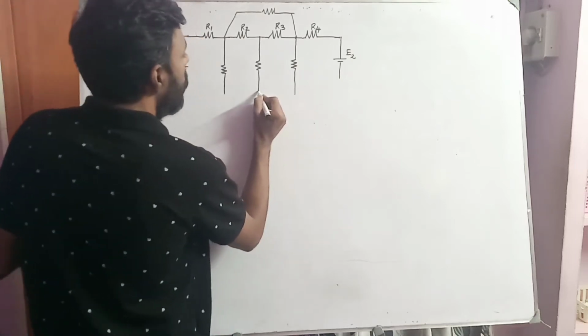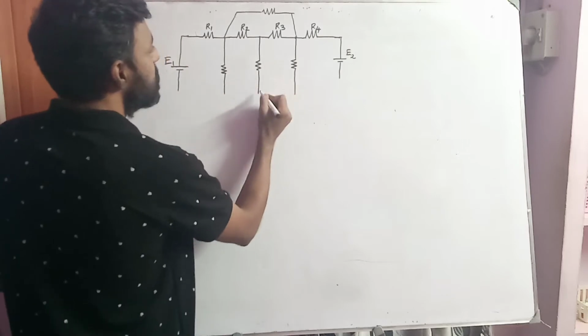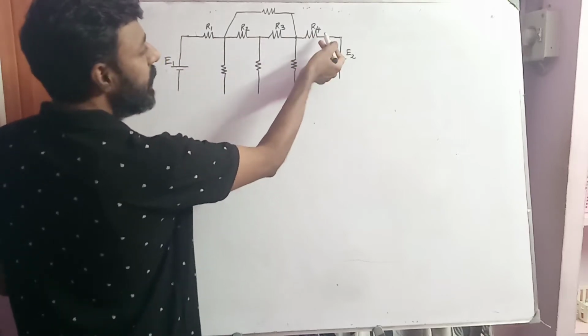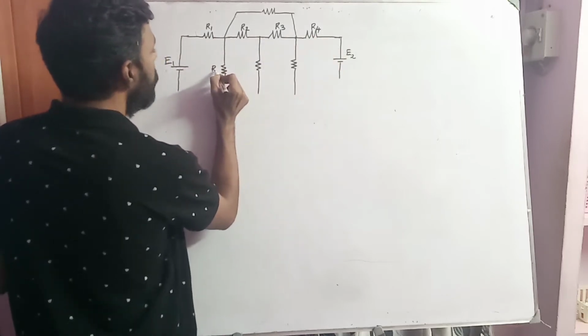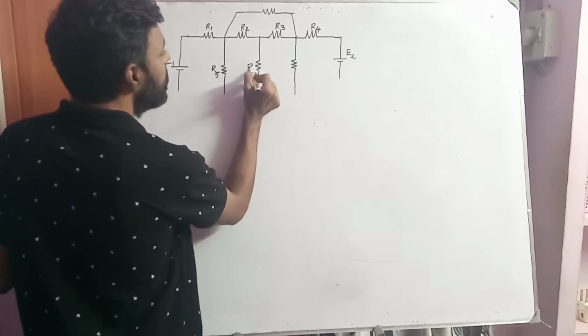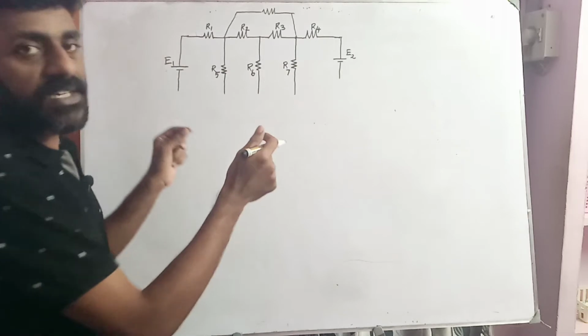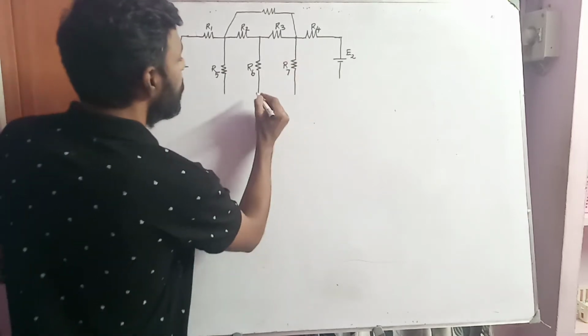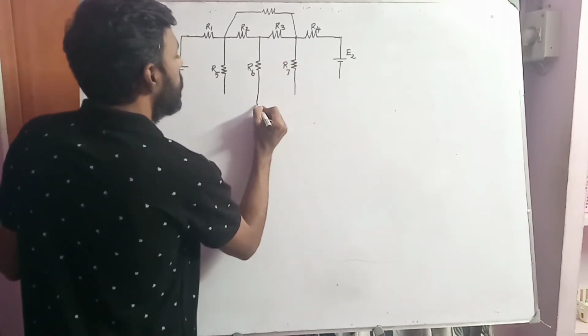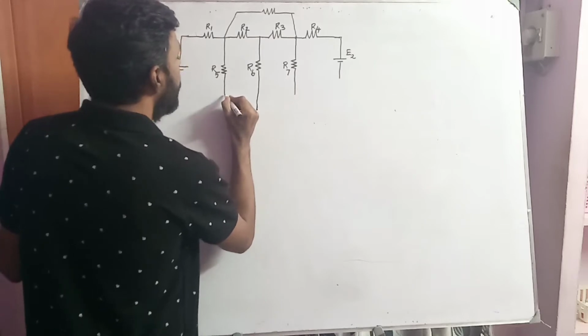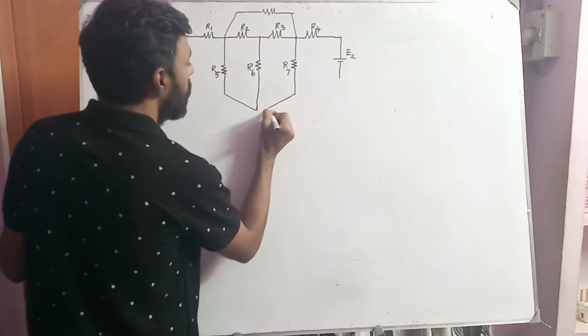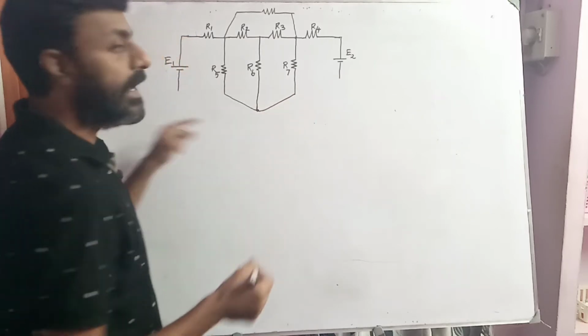Now, these resistors, R1, R2, R3, R4, this one is R5, this one is R6, this one is R7. So these three resistors are being combined such that they reach the point called the datum node.